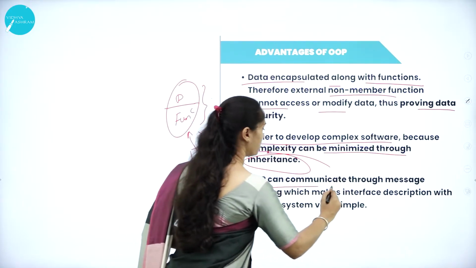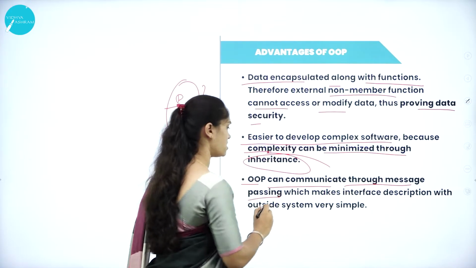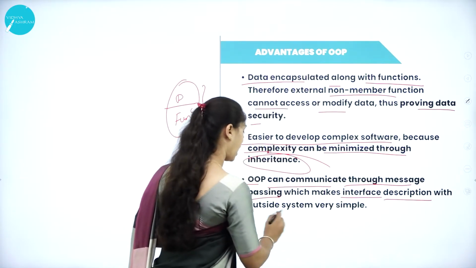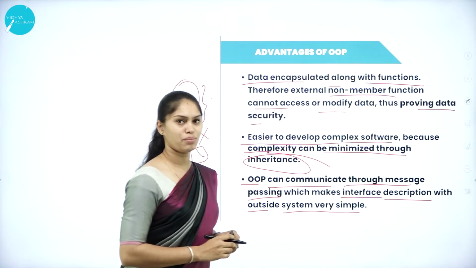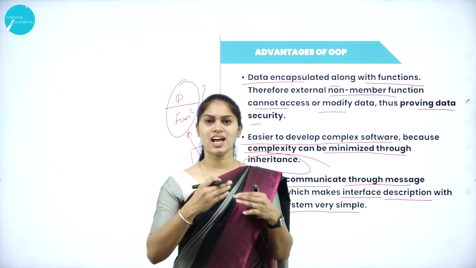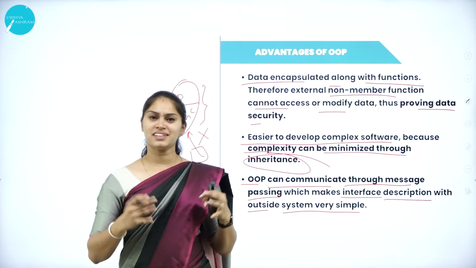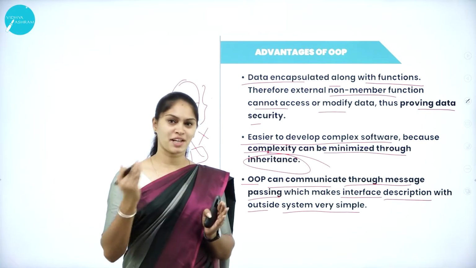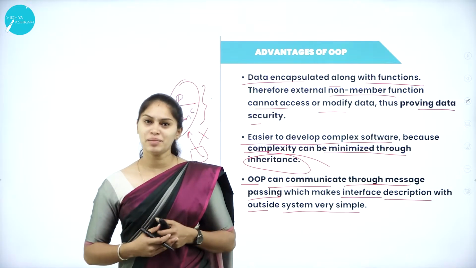So OOP can communicate through message passing, which will act as an interface description with the outside system. Very simple. I want to communicate from one object to another object. So then how can I communicate? Consider there will be n number of objects. I want to have communication from one object to another object. Then how will it be possible?